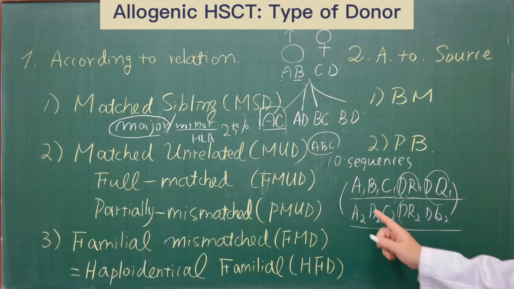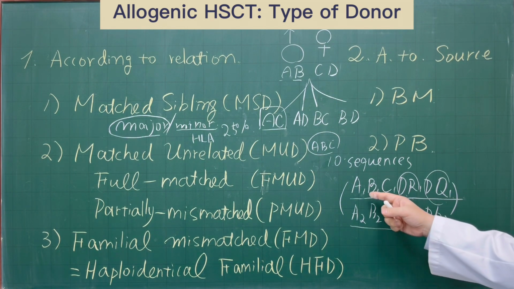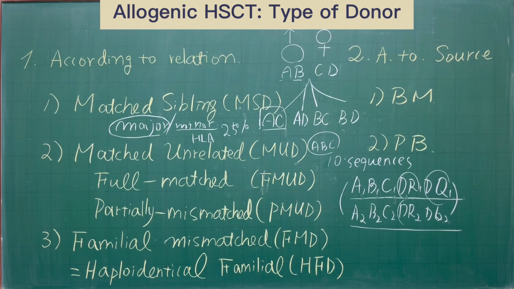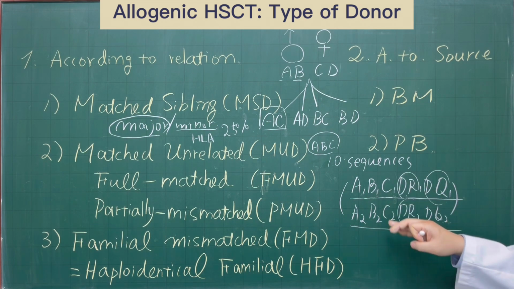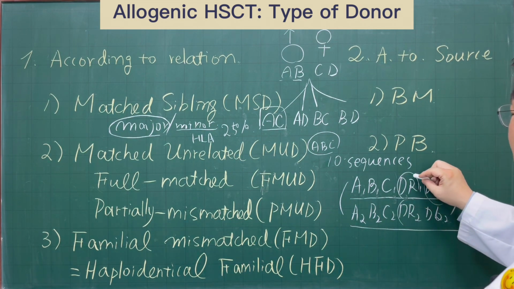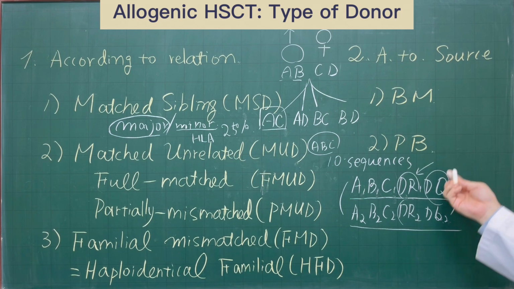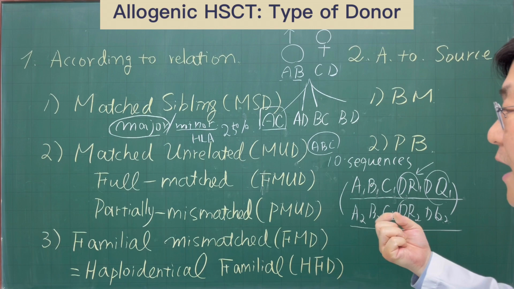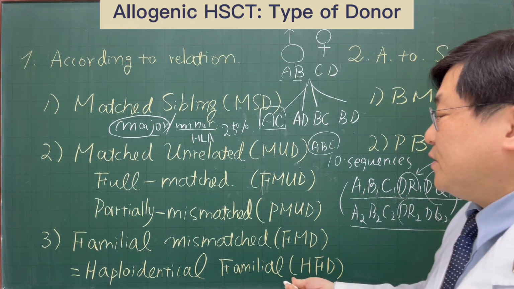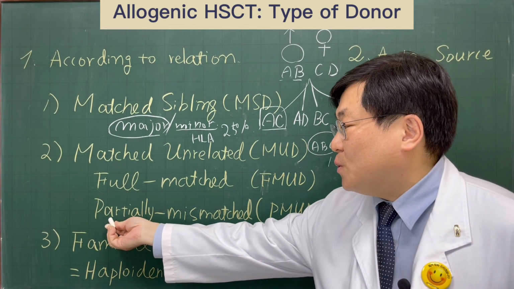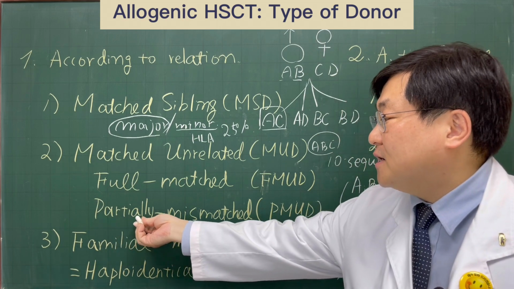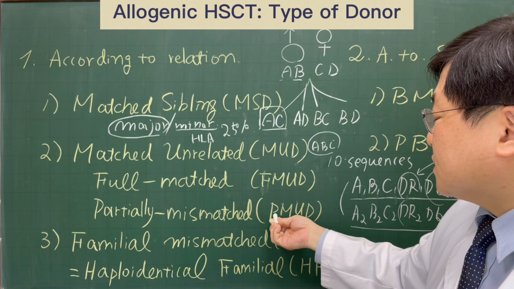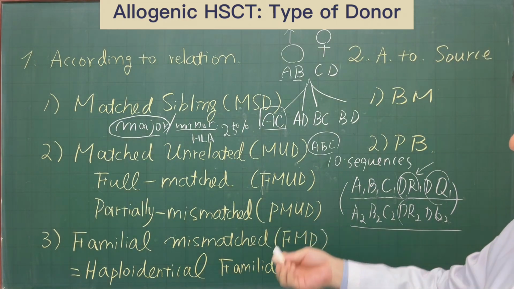But sometimes when you check all the 10 sequences of HLA antigens and the genetic data, one of the genetic sequences is different between the patient and the possible candidate of allogeneic stem cell donor, and we call this kind of relationship a partially mismatched unrelated donor, in other words, PMUD.